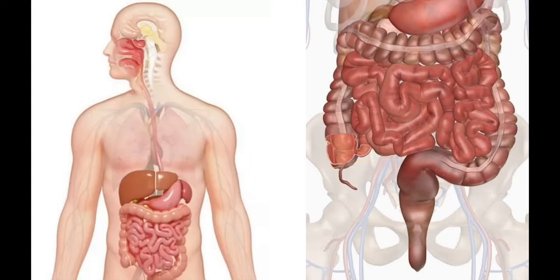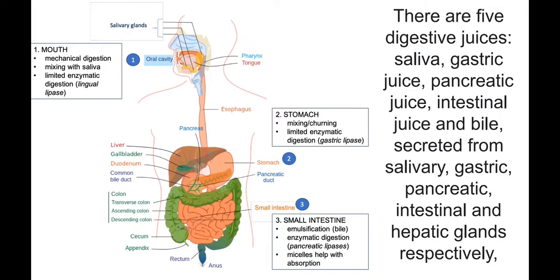Here the digestive system is schematically presented. You see these parts, and we will go through the names. We have the mouth with teeth and oral cavity, and from the oral cavity we have the esophagus. The esophagus is like a tube through which pieces of food come to the stomach, and after the stomach it goes to the small intestine, and then to the large intestine.